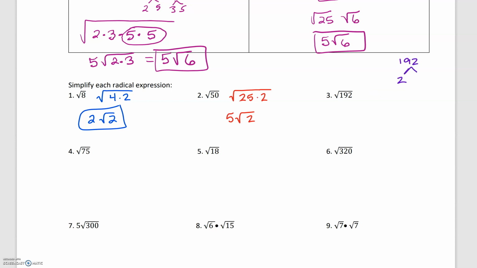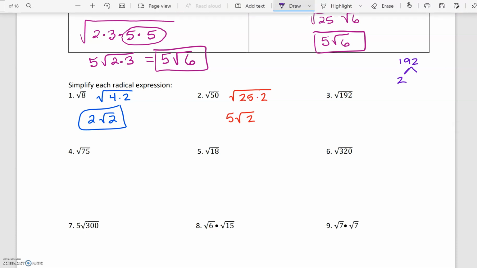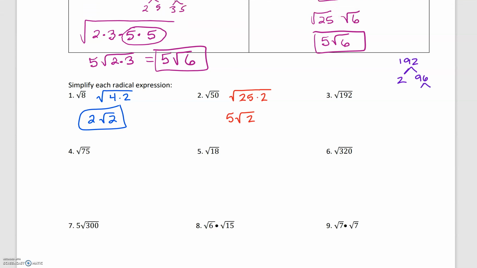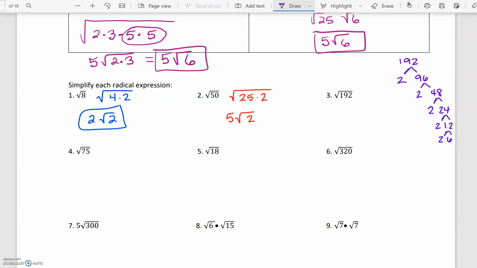I can go ahead and divide it in 2 because this number right here is even. So 2 times 96, and then I'm going to break down 96 because 2 can't be broken down, it's prime. And I can break that down again in half. And again in half. And again in half. And again in half. And again in half. And now I'm done.